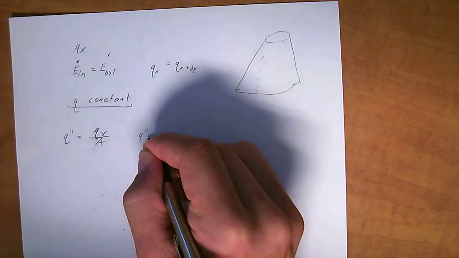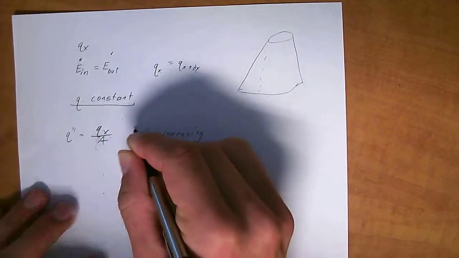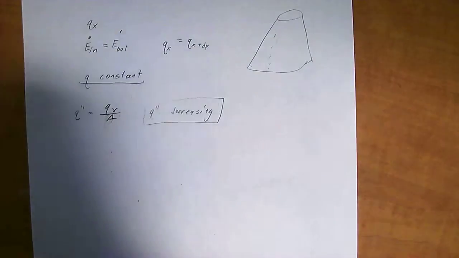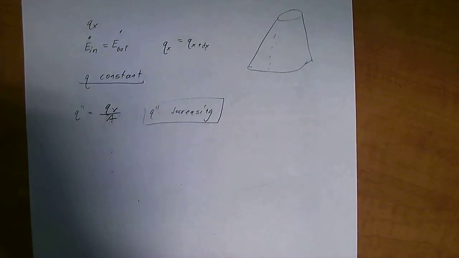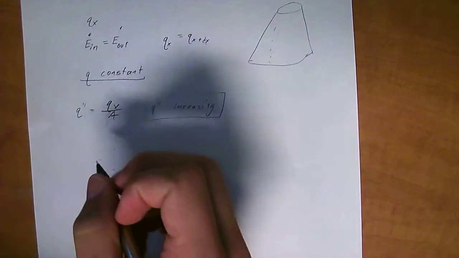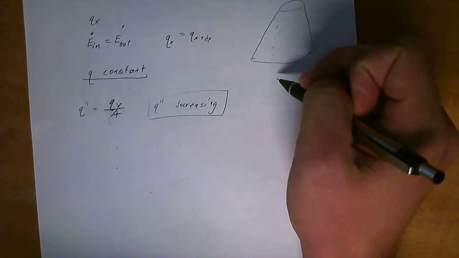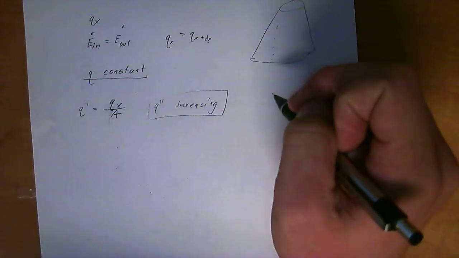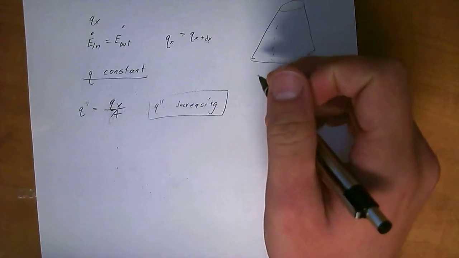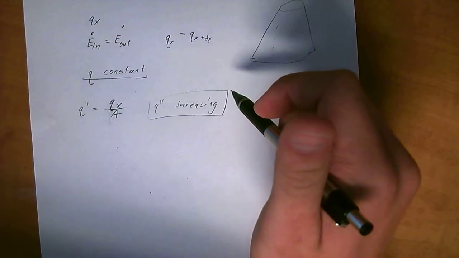So the heat flux is decreasing. That's pretty easy. Now moving on, we know that T is decreasing. T is getting smaller as we're moving down here, with increasing x.